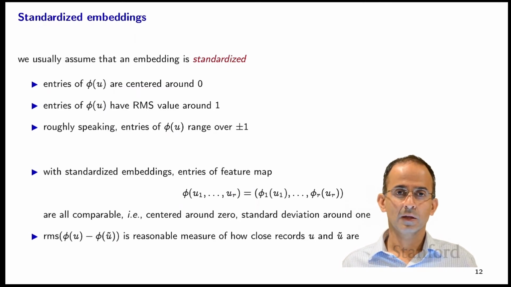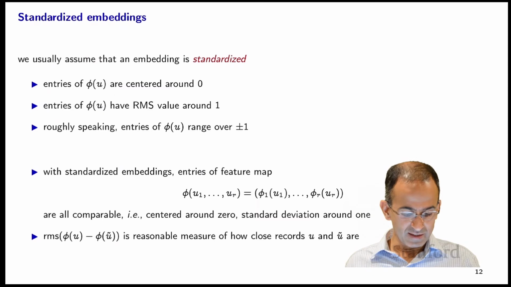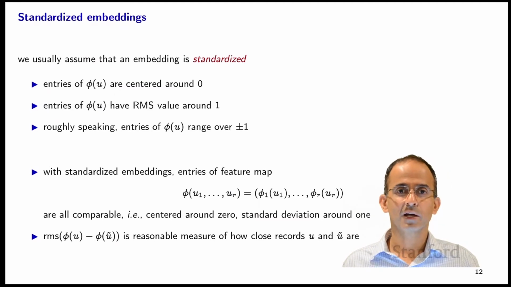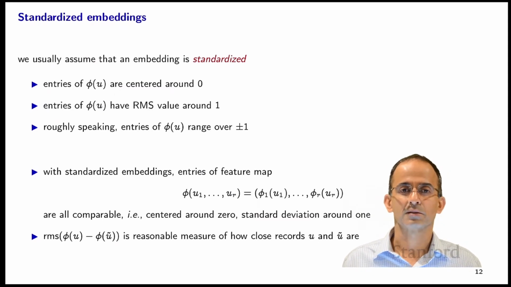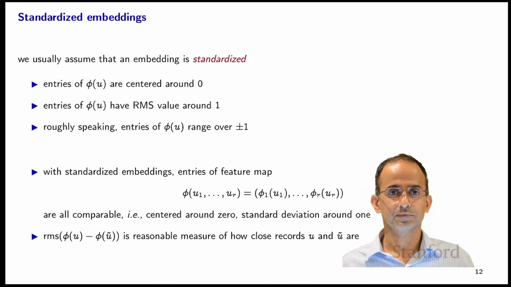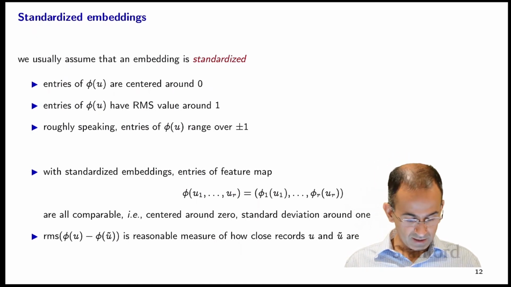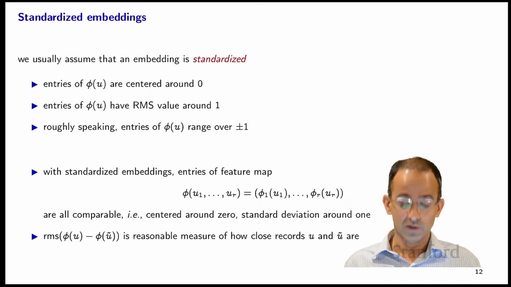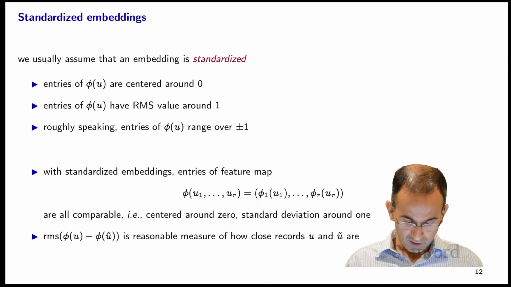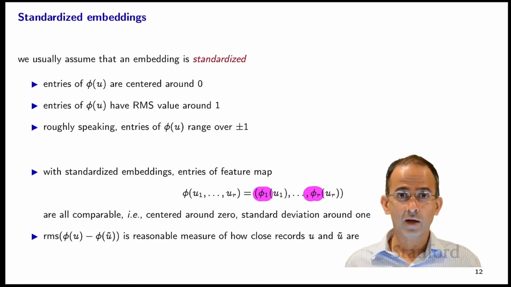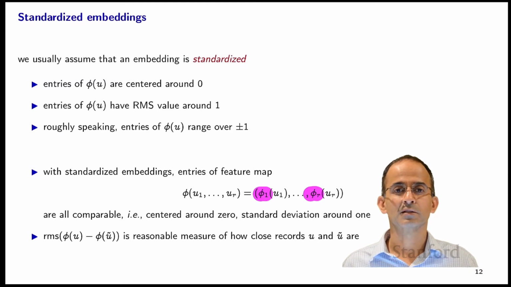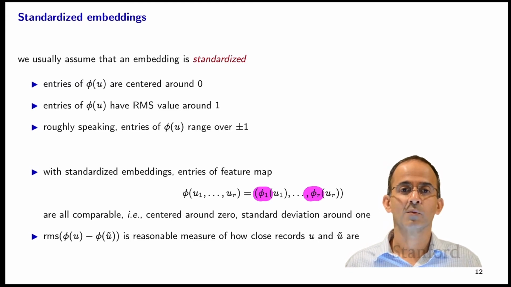And so that means that roughly the entries of phi of u range between plus and minus 1, very roughly. And with standard embeddings, that means that if I've embedded each of these features, phi 1 up to phi r here, to have this property that they're all centered around 0 and have RMS value around 1, that means they're all comparable.